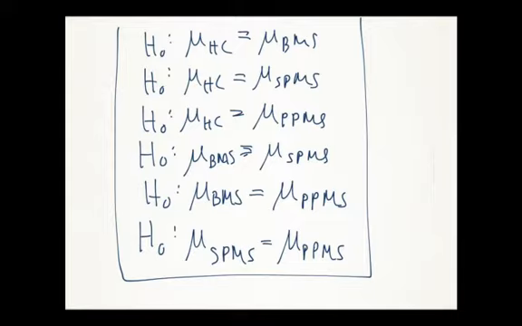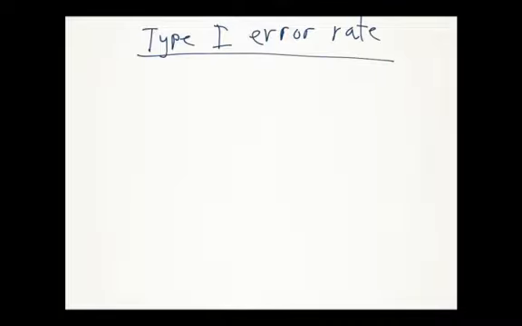Okay, so what happens when we do many tests instead of just one? Well, this is where we get back to the type 1 error rate that we spoke about. The reason we don't do these 6 different pairwise tests is because we encounter problems with the type 1 error rate.